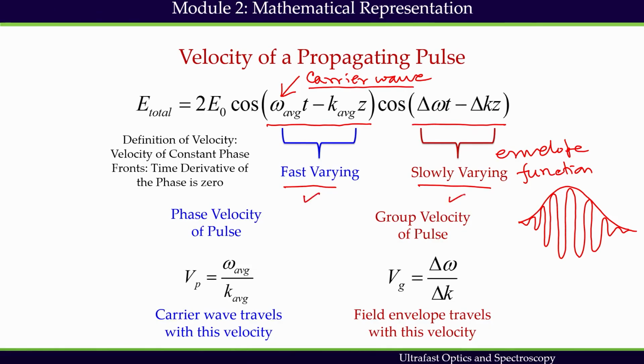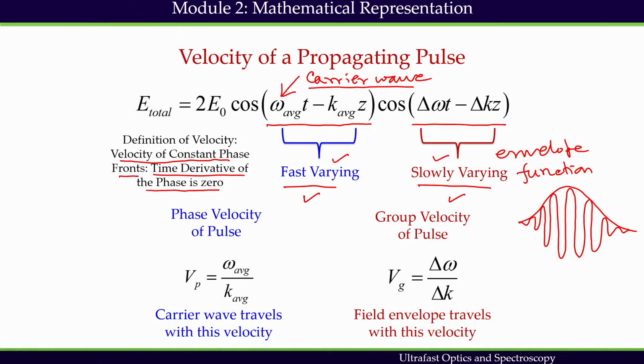Already we have seen that the definition of velocity is given by the velocity of constant phase fronts, which means I have to take the time derivative of the phase and make it 0, and we get the corresponding velocity. We have two different phases associated with fast varying and slowly varying components. That's why we get two different velocities of a pulse.